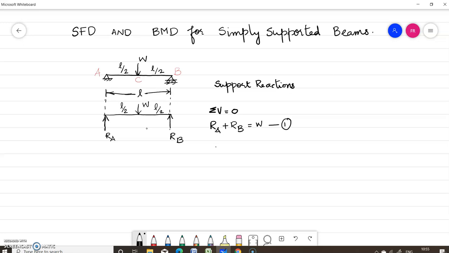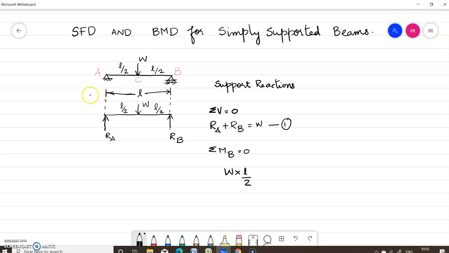Now let us take moment of all the forces about B and equate it to 0. What is the moment of this W about B? W is acting downwards and this is creating an anticlockwise moment about B. What is the moment? Load into distance, W into L by 2. Let us write here W into L by 2.